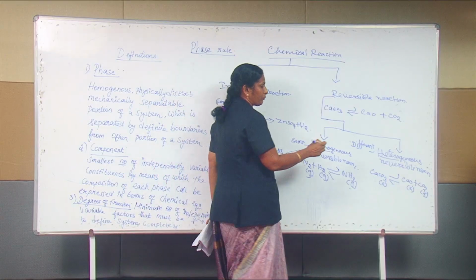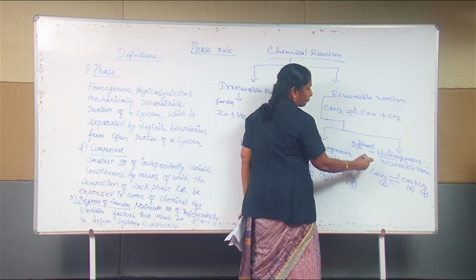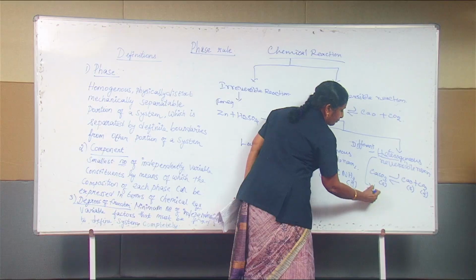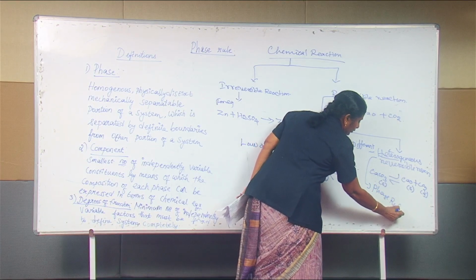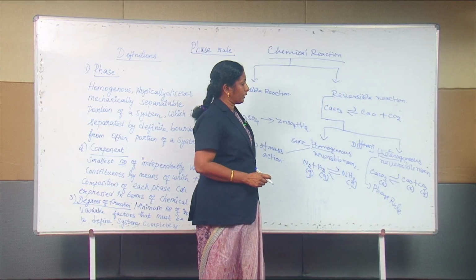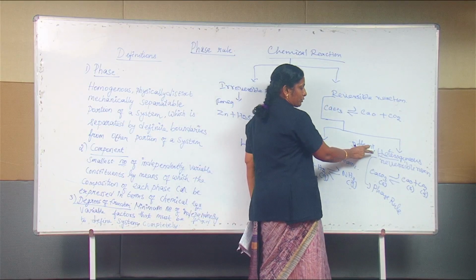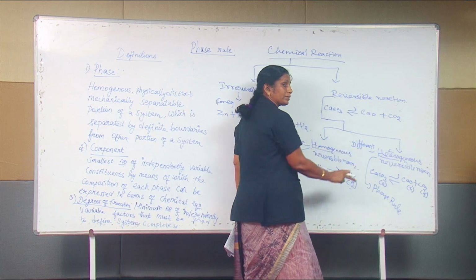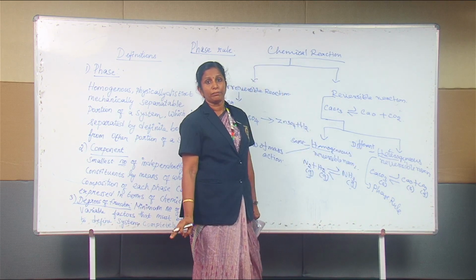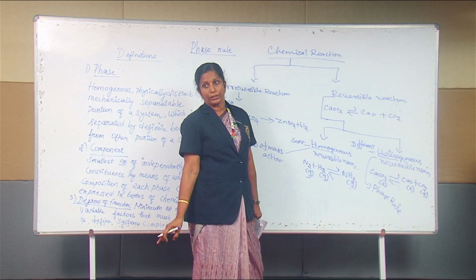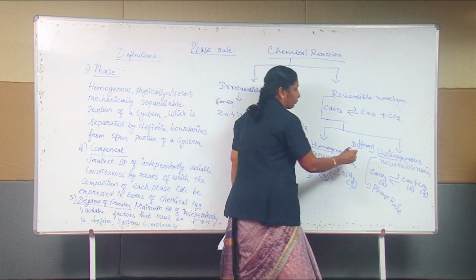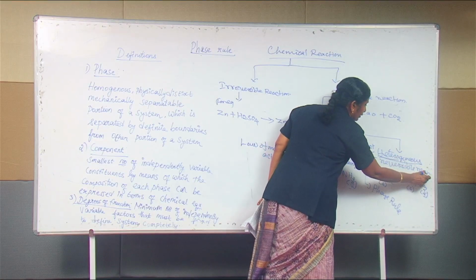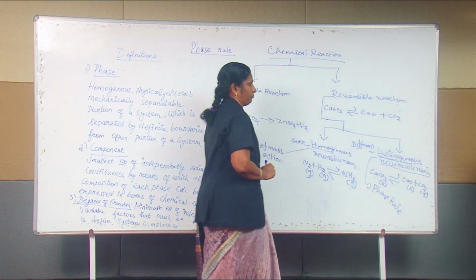But in the case of a heterogeneous reversible reaction, it is studied by the phase rule. Because in a heterogeneous reversible reaction, the law of mass action is not applicable since the phases are different. So the phase rule is only applicable for heterogeneous reversible reactions.